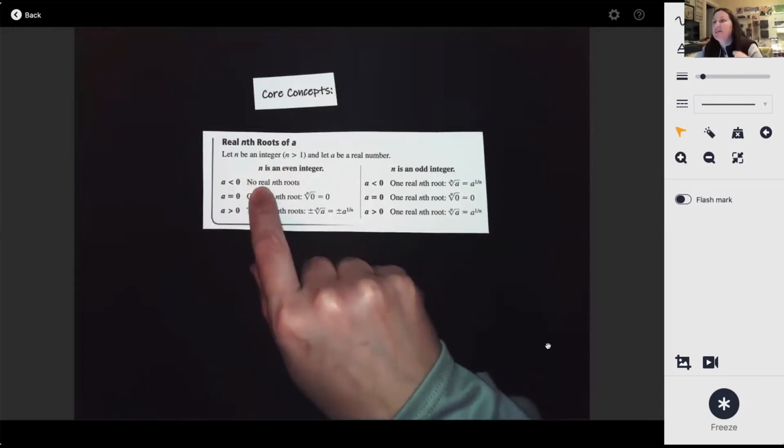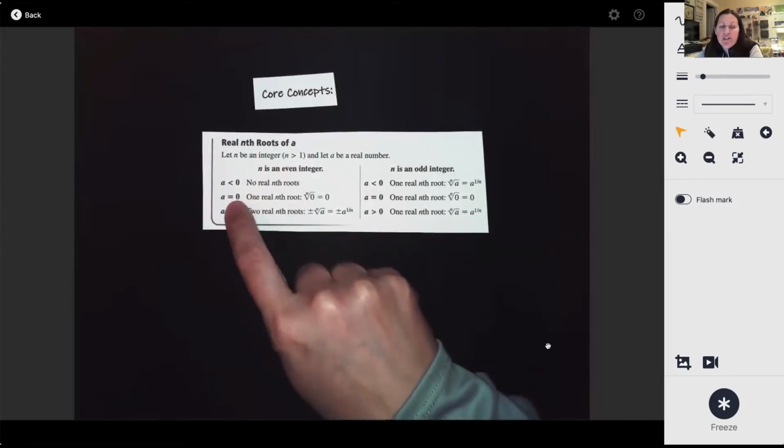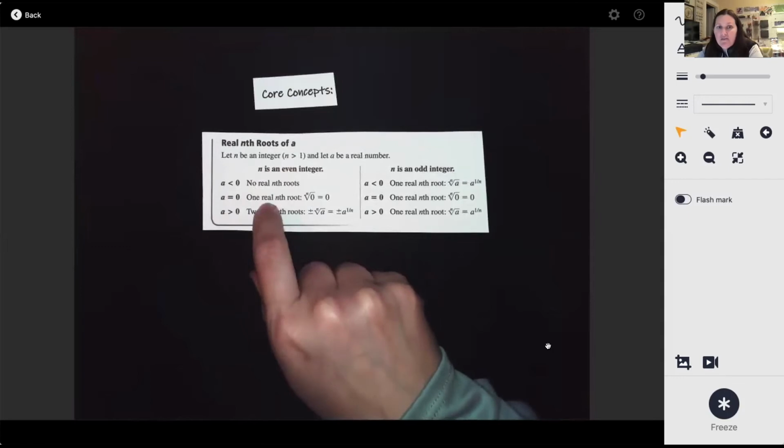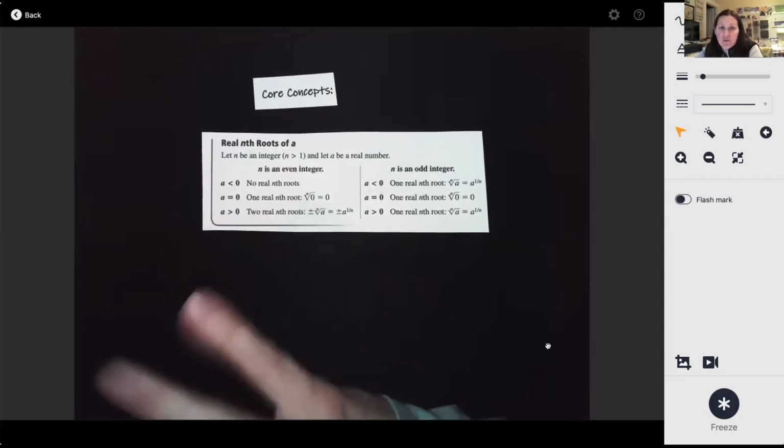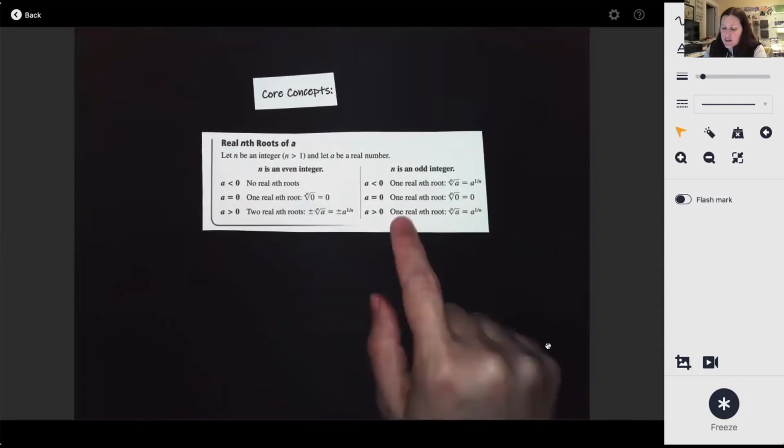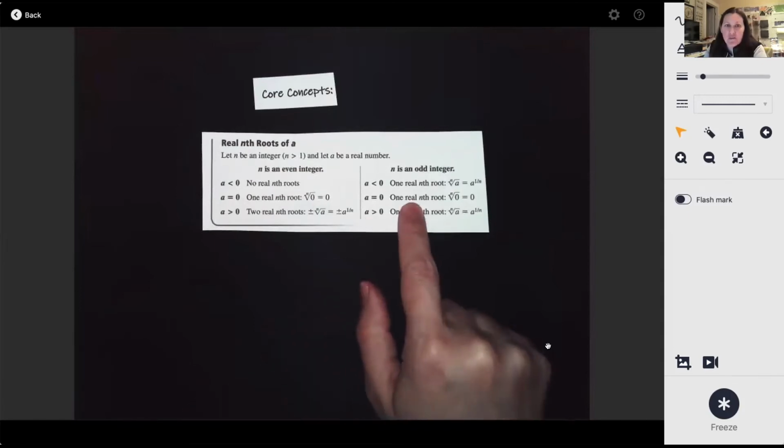Can't take a square root or a fourth root or a sixth root of a negative number. That's where we get that imaginary number from. So we'll have no real roots. But if you're taking the nth root and n is even and a is 0, then you're going to have one real root, and that root is going to be 0. The root of 0 is 0.